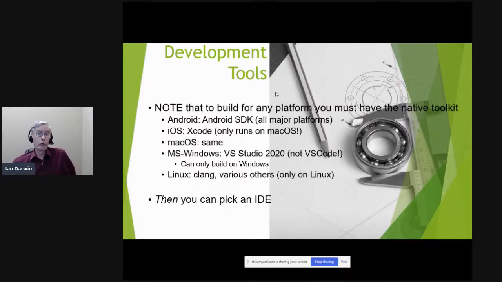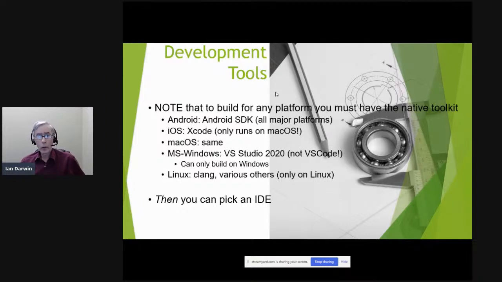For Android, it means you have to have the Android SDK installed, and that's available for the major platforms. Now for iOS, if you want to make iPhone apps, you must have Xcode. And Apple has decided to make Xcode only available on macOS, which by extension implies that you can only build an iPhone app if you have a Mac.